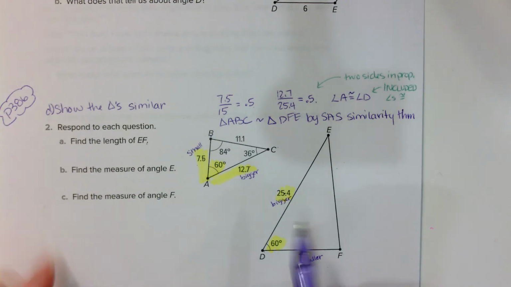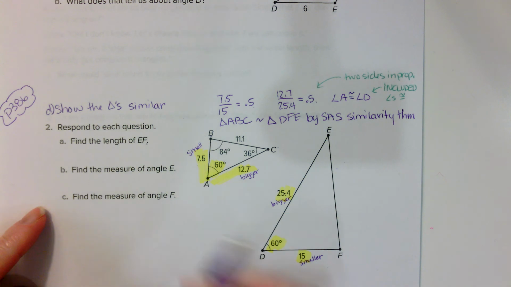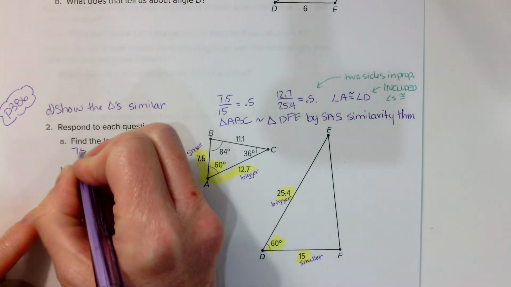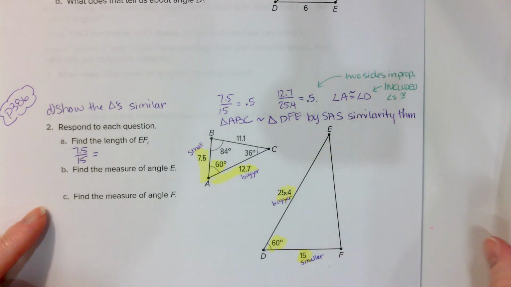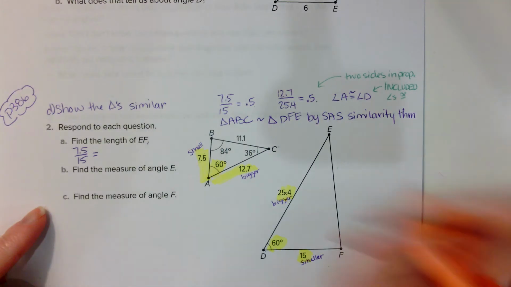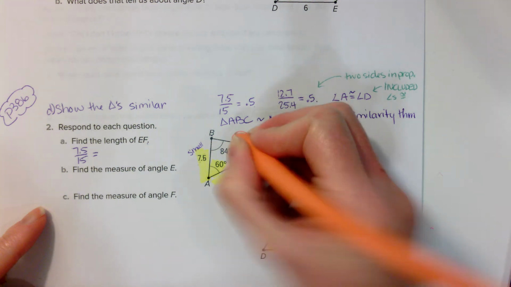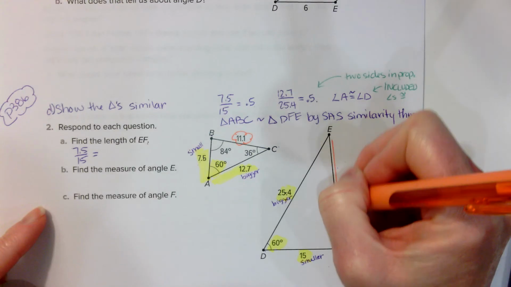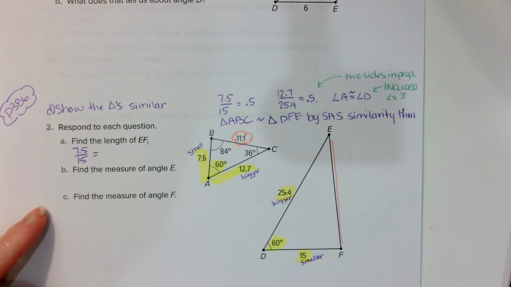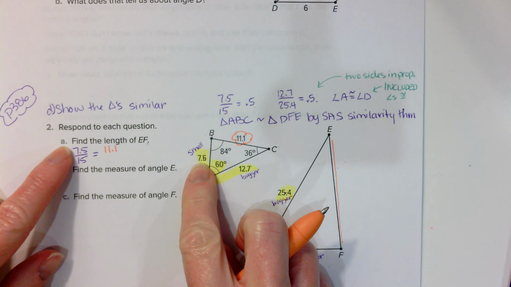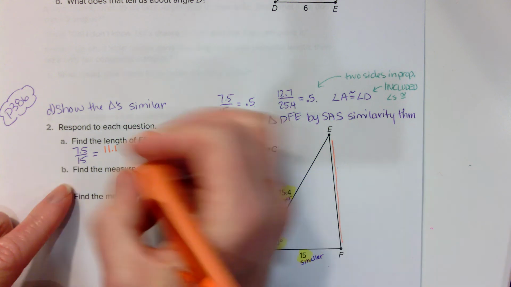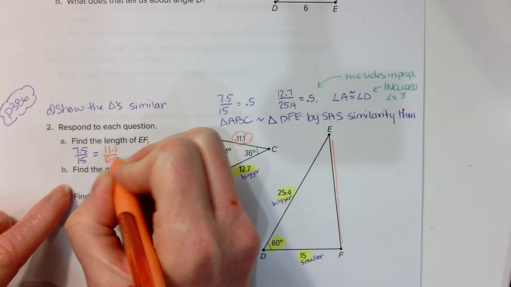I'm going to start with the 7.5 over 15 and set it equal to my third side, the 11.1. It's going to go with this side EF that I don't know. I write 11.1 on top because I wrote the 7.5 on top, over EF. You could write X if you'd rather.